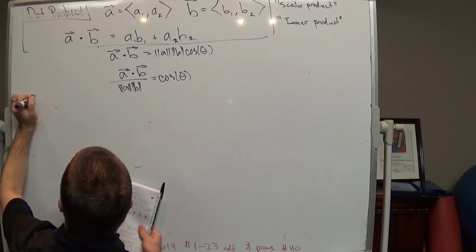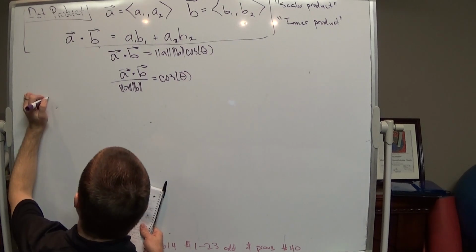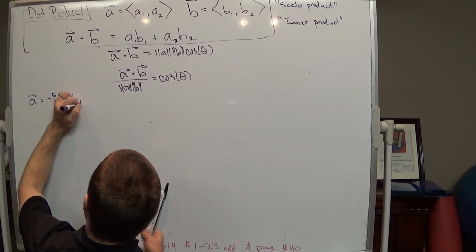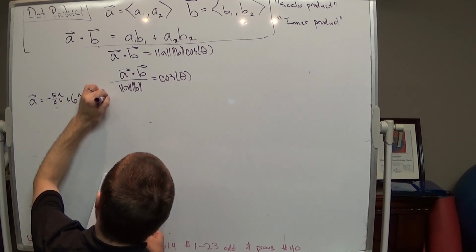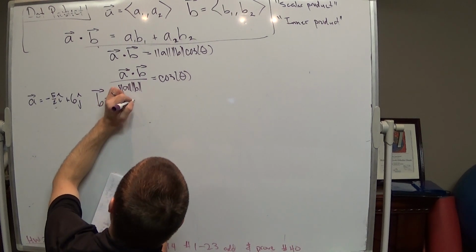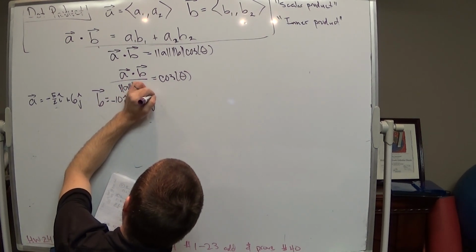This is what they give you: A is equal to negative 5 halves i hat plus 6 j hat, and B is equal to negative 10 i hat plus 24 j hat.